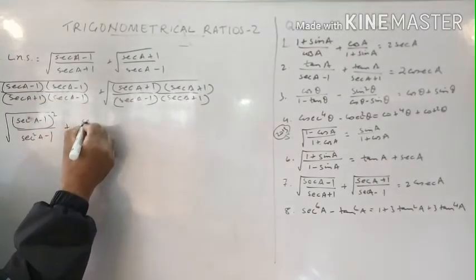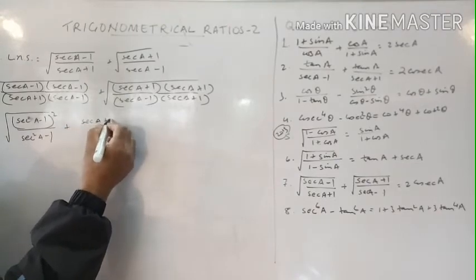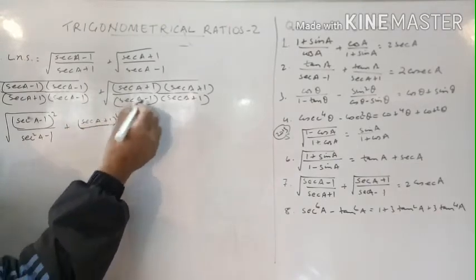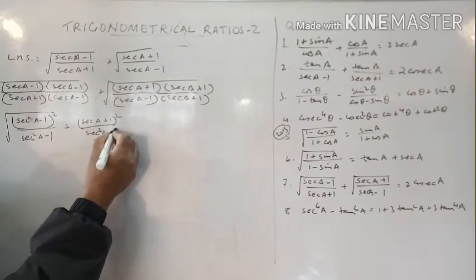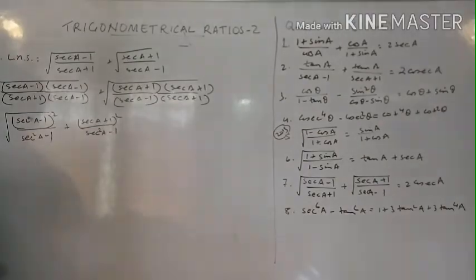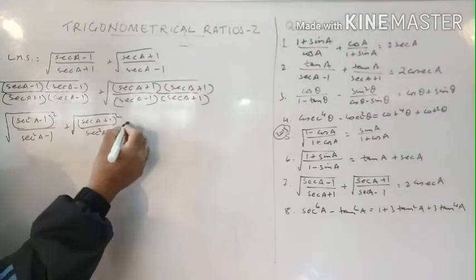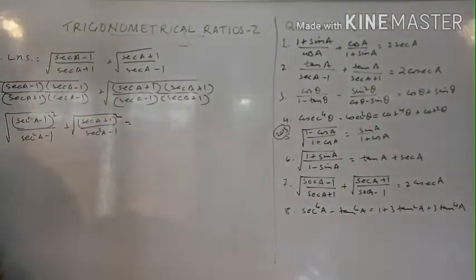Plus here also sec A plus 1 whole square, and here you get sec square A minus 1 because sec A plus 1, sec A minus 1, so opposite sign. So A plus B, A minus B formula we use.